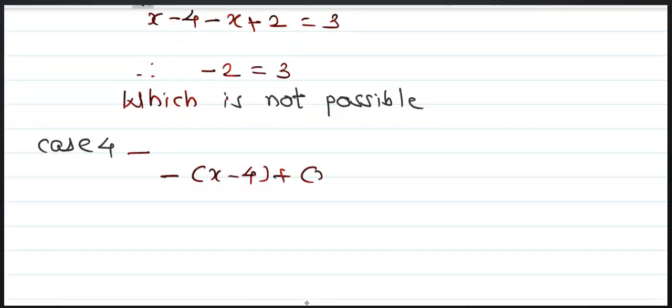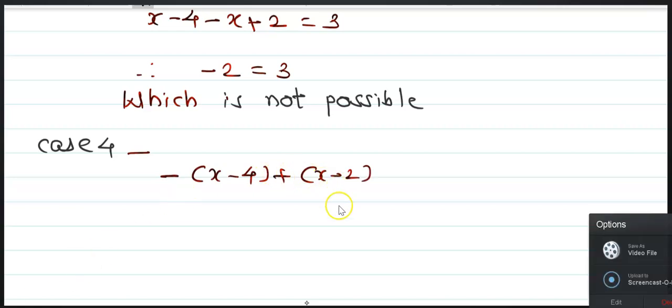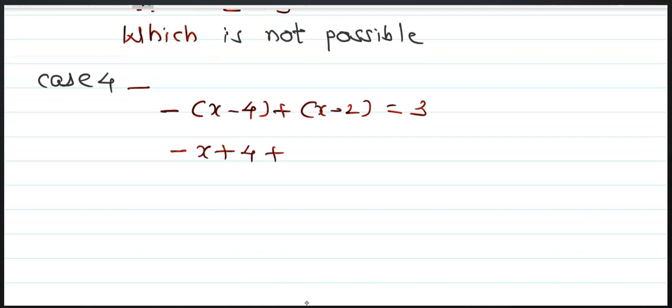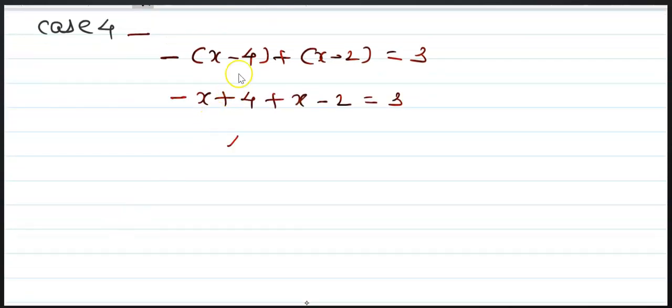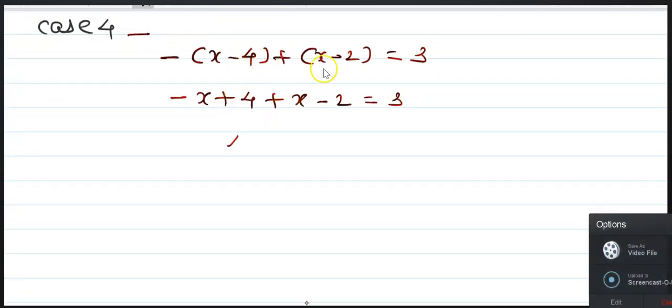Case number 4, first we take the negative, second it is positive. Therefore minus x plus 4 plus x minus 2 equals 3. Minus x plus x cancel, and we get 2 equals 3, again it is not possible.